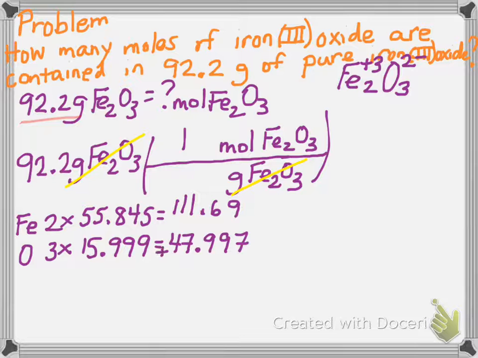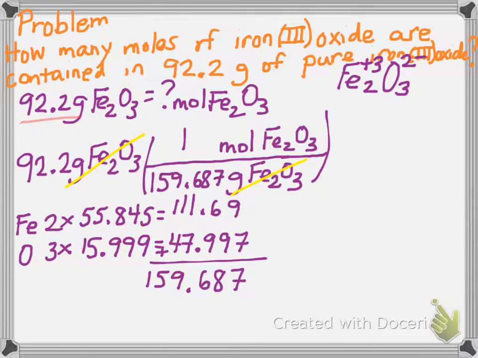And again, I'm going to add these 2 numbers together. Again, this isn't work you're required to show, but again, I'm showing it so that people who are still kind of struggling to make sure they're calculating their molar mass correctly can see. So now this is the number that goes in this problem. Now, this time I have to do division because 92.2 is in my numerator, and I'm going to divide it by my denominator.